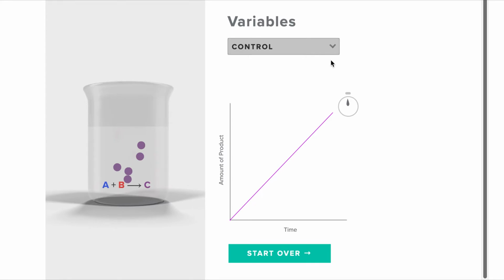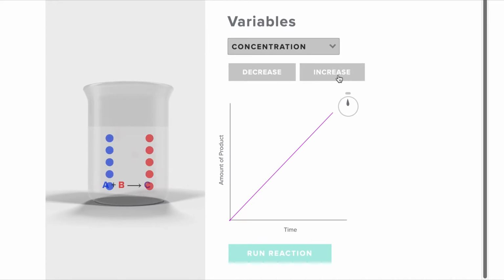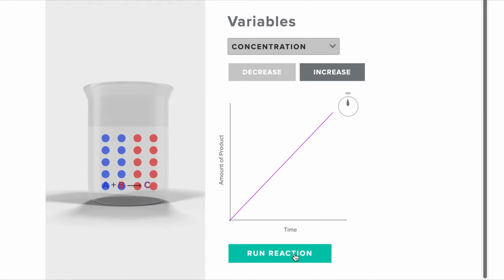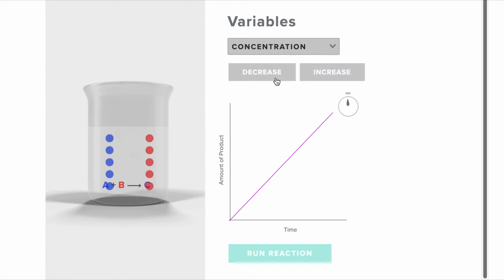If we were to take a look at concentration, and let's say I'm going to increase it, where I'm doubling the amount of A particles and B particles, increasing it makes the reaction occur a lot faster. But let's take a look at what happens when we decrease it. So now we have half the amount of particles.